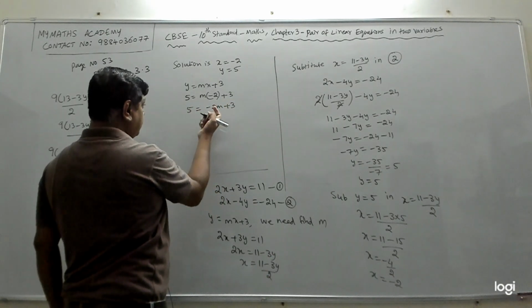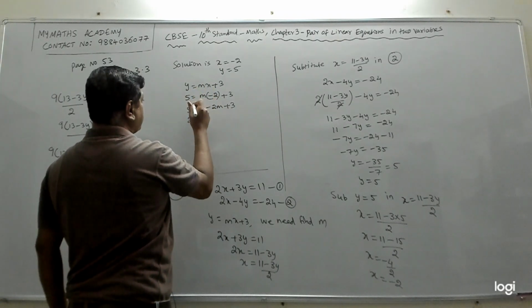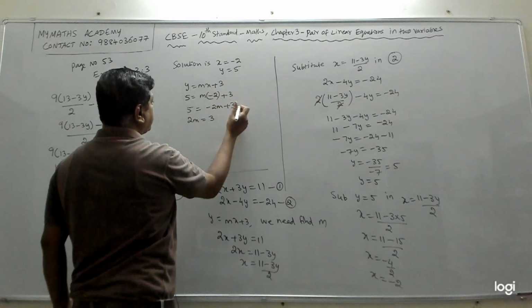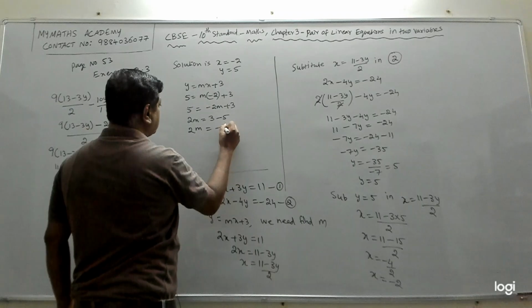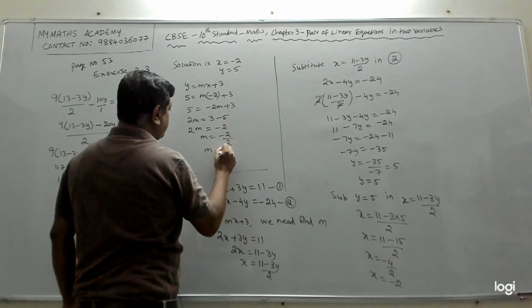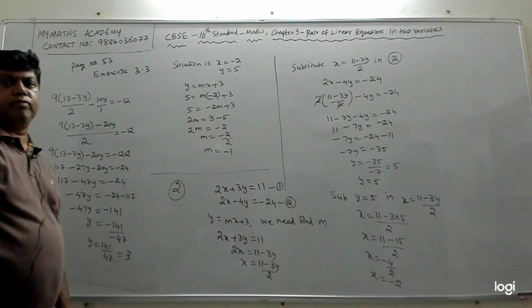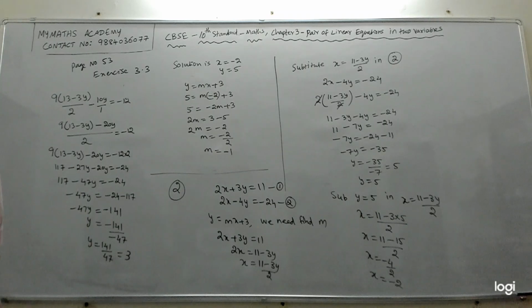If minus 2m comes here, it will become plus 2m equal to 3. This 5 goes this side, it will become minus 5. So 2m is equal to minus 2, m is equal to minus 2 by 2. We get m is equal to minus 1. So the value of m is minus 1.